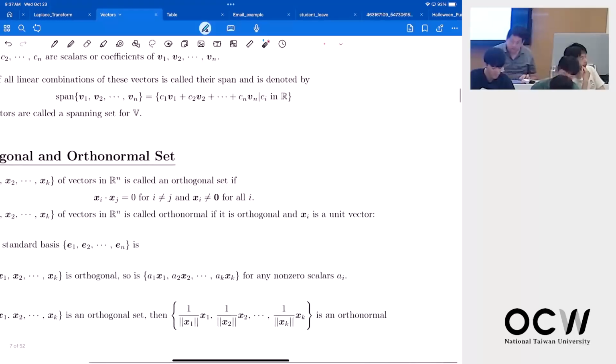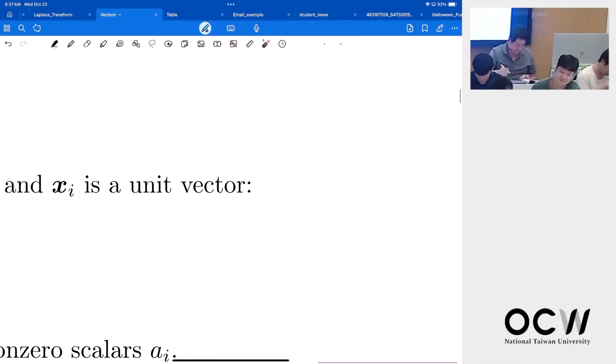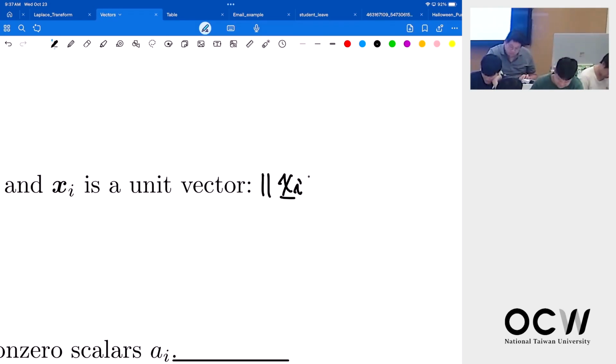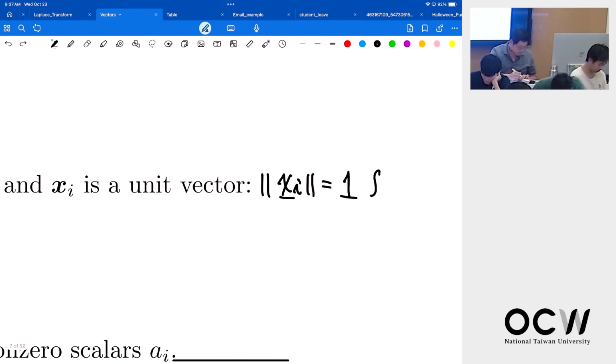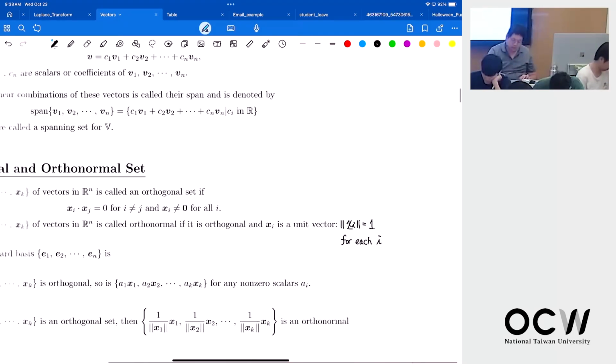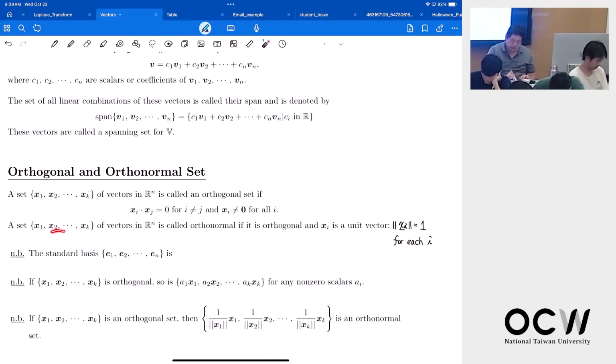Unit vectors means the norm is 1. If they are orthogonal and the norm is 1, then we call this an orthonormal set. So orthonormal means orthogonal plus unit vectors.